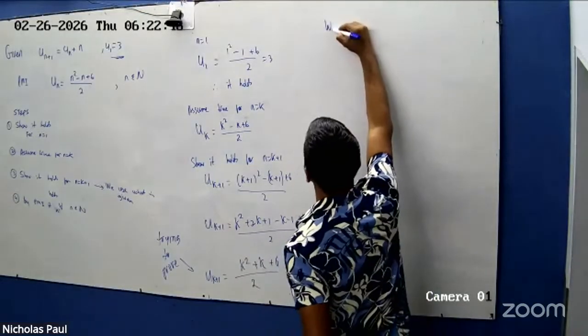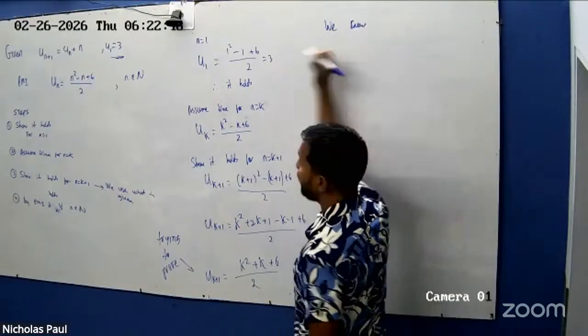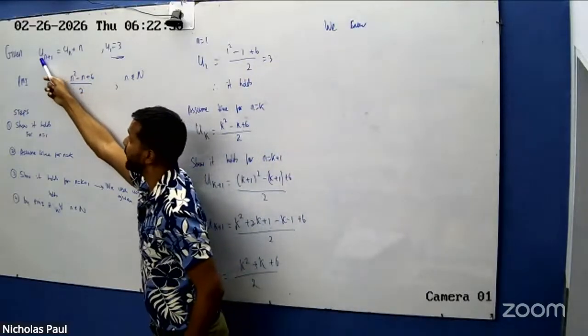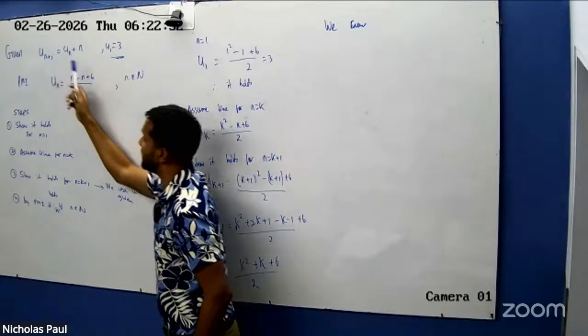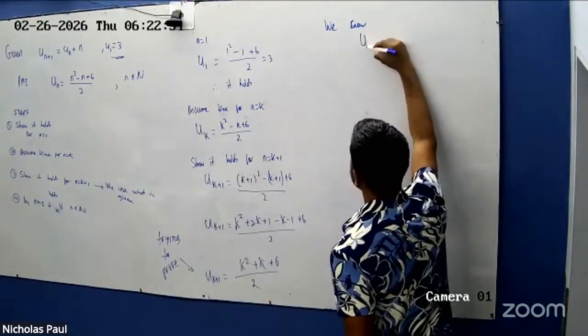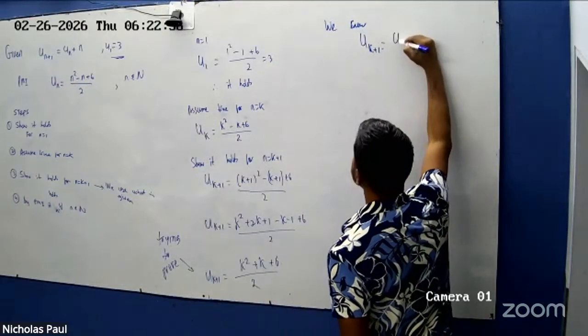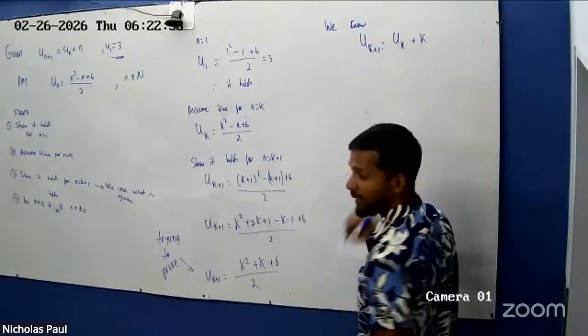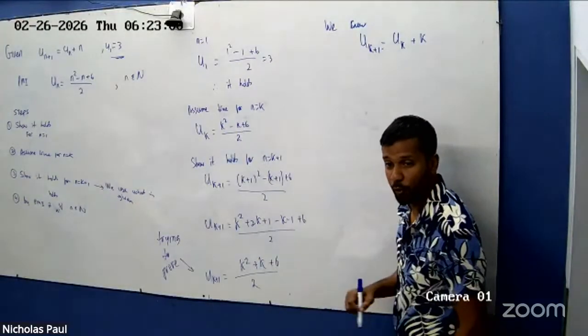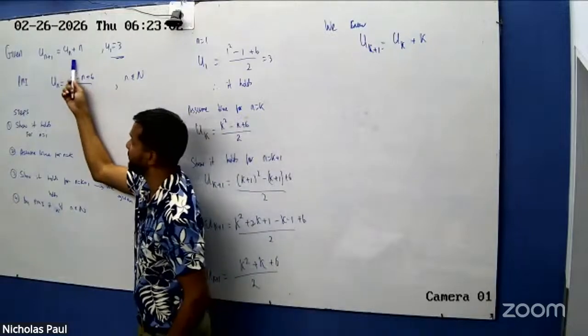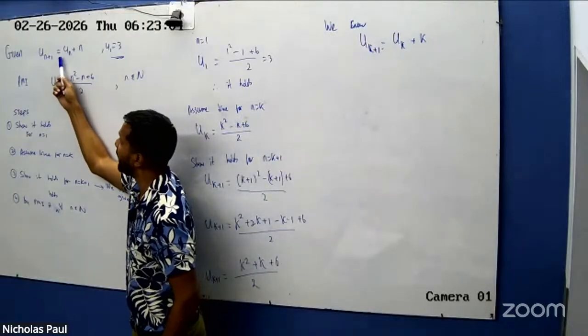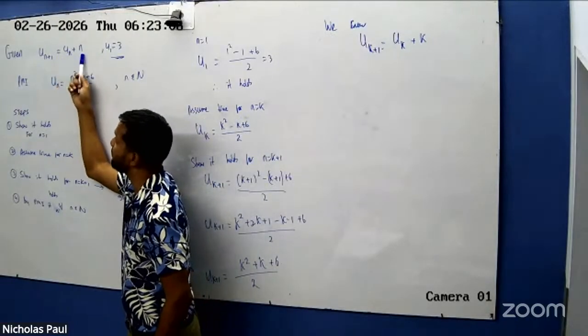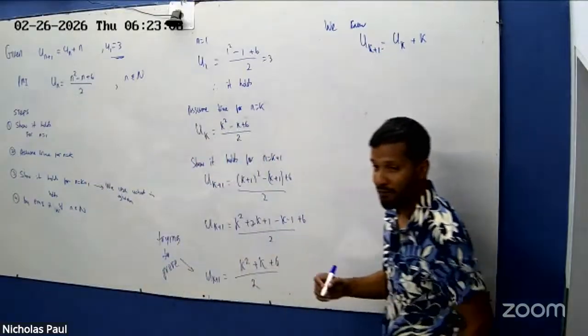So we know this. We know that u to the k plus 1 is u to the k plus k. That's what we know. Because we were given this, so we know this is true. U to the k plus 1 is equal to u to the k plus k. Everybody okay with that?